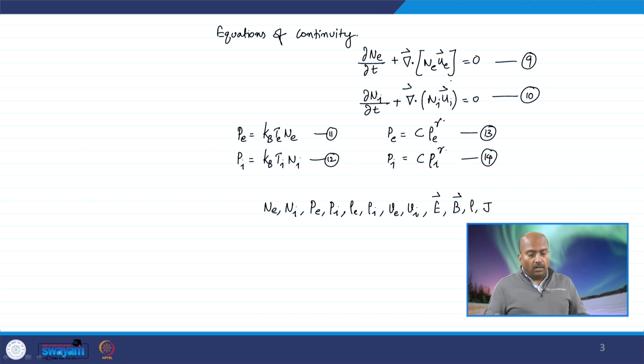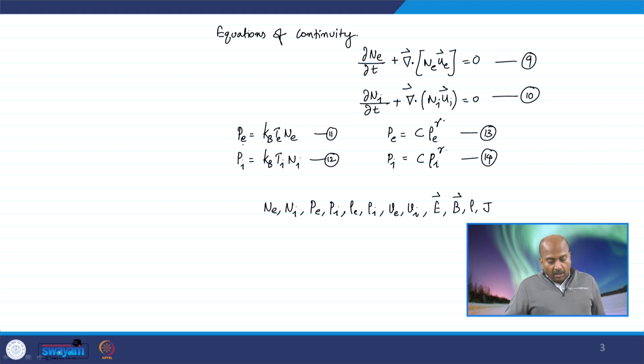And then the equation of state, which connects the thermodynamical properties of plasma, are also scalar equations. So pressure written in terms of number density or pressure written in terms of density are identical. If you know the pressure, by using other variables you can calculate the density, so you don't have to use both the forms at the same time.